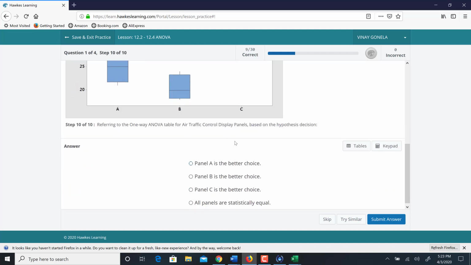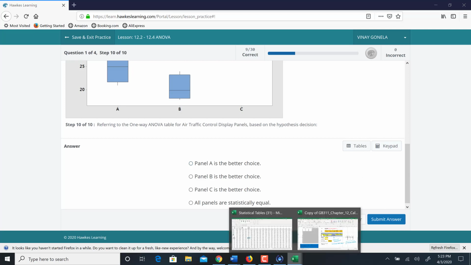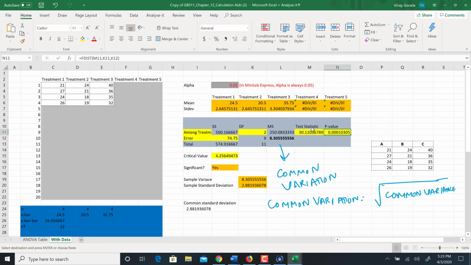So based on what do you conclude? We said that you compare the test statistic value, which is the f value, with f alpha with degrees of freedom 1 and 2.